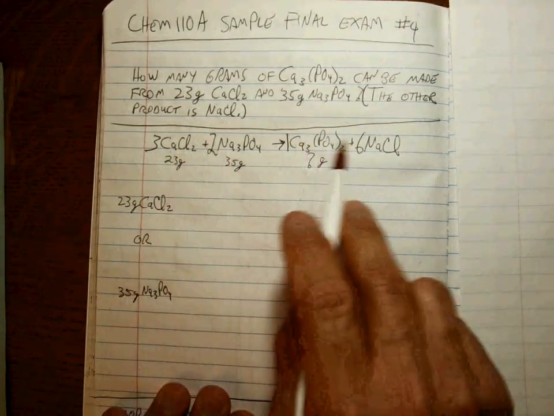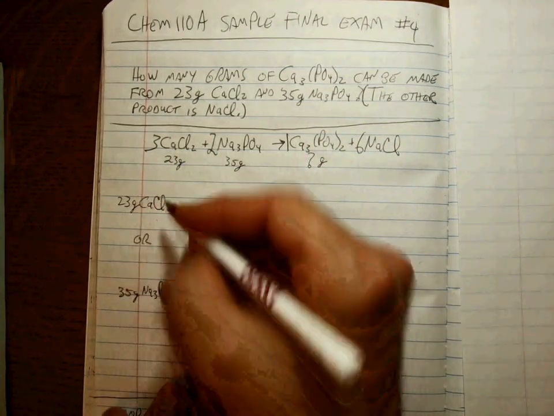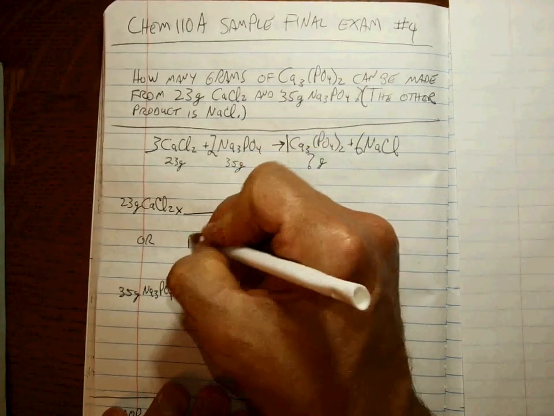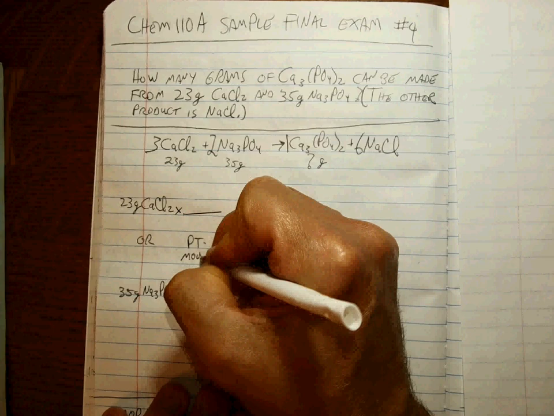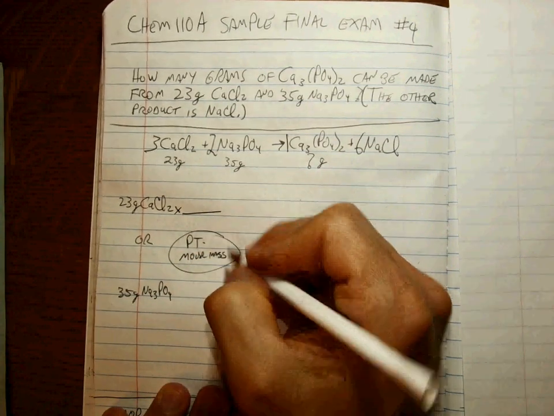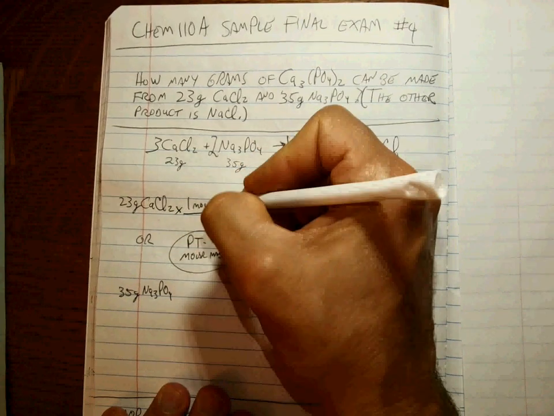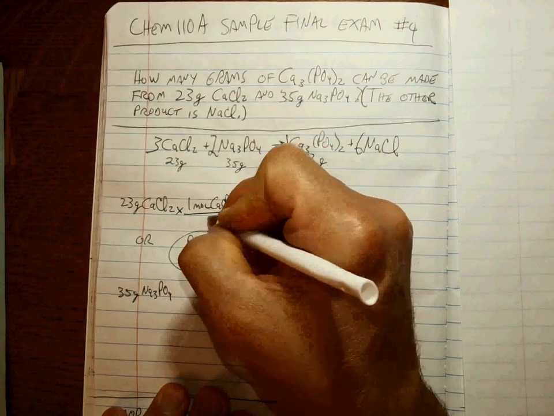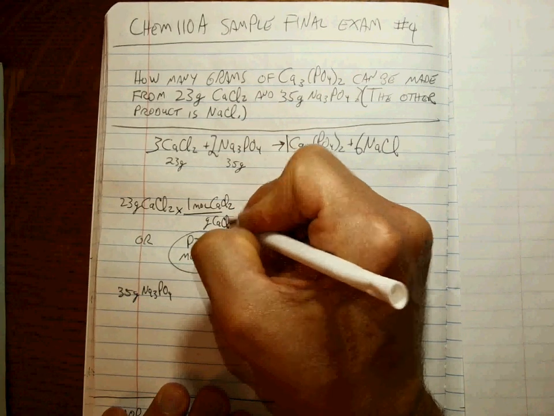Get to the mole-to-mole ratio. Well, how do you get to moles from grams? The same way every time. We use the periodic table and the molar masses. Moles on top, grams on the bottom.